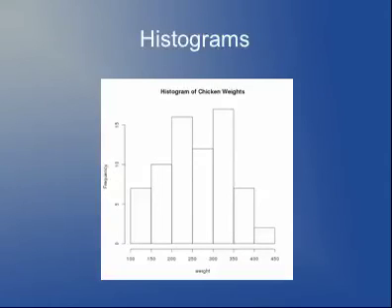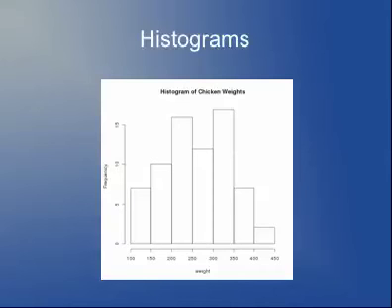The next way you can graph your quantitative data, as I just said, is histograms. The basic idea behind histograms is you partition your quantitative data into bins of equal size. Here it's split into bins of size 50: 100 to 150, 150 to 200, 200 to 250, and so on.